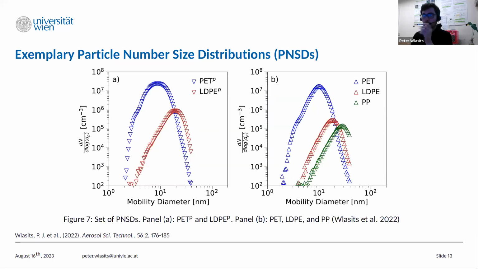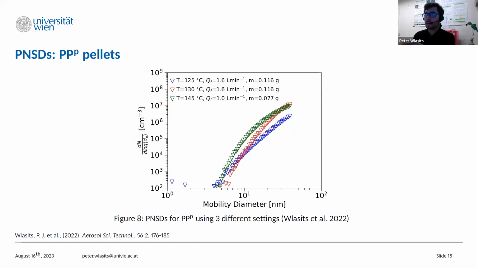If you take a closer look at figure 7a here, you see that the higher purity polypropylene is missing. And the reason is basically shown in this plot here. Again, on the x-axis, you see the mobility diameter, on the y-axis, the concentration. And these curves correspond to that higher purity polypropylene for 3 different settings.